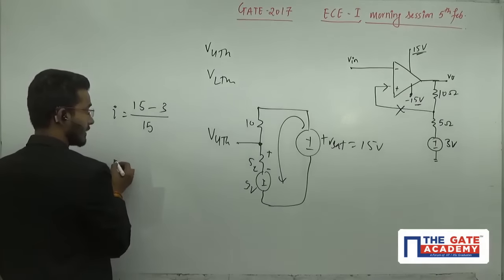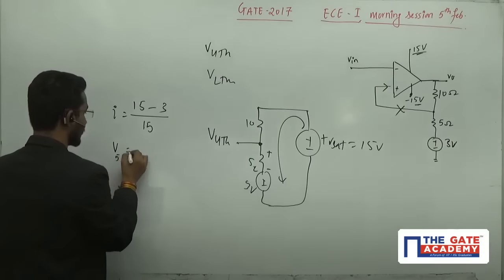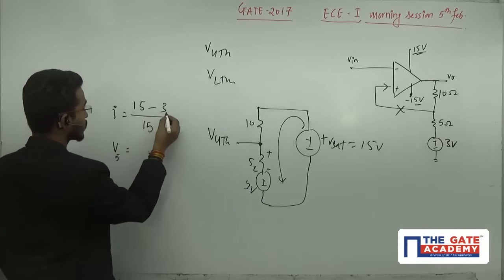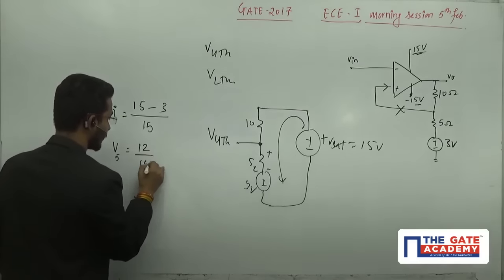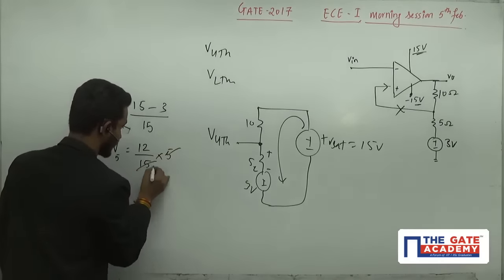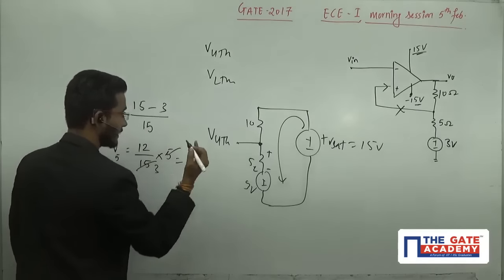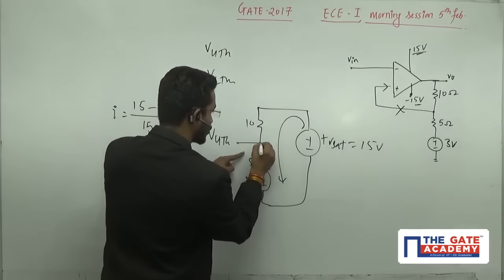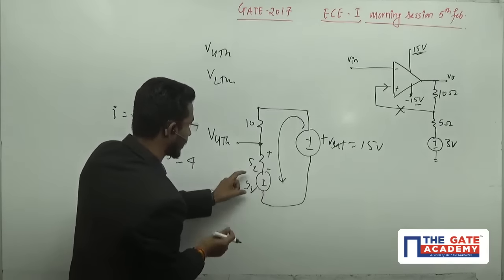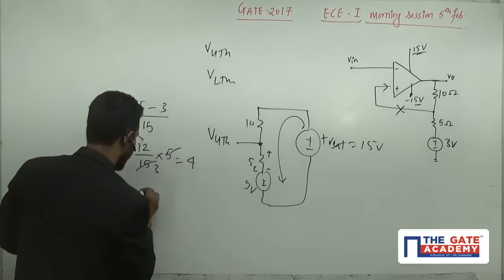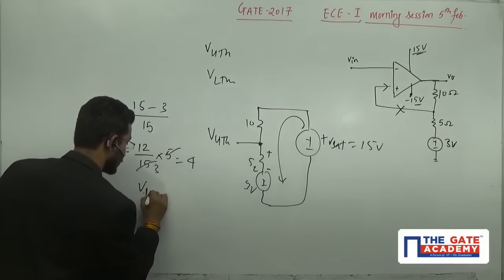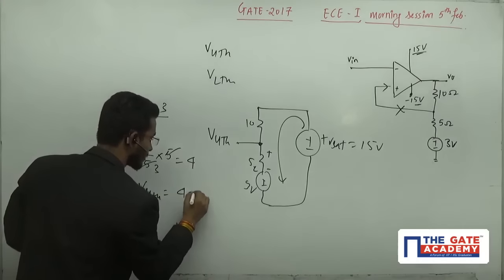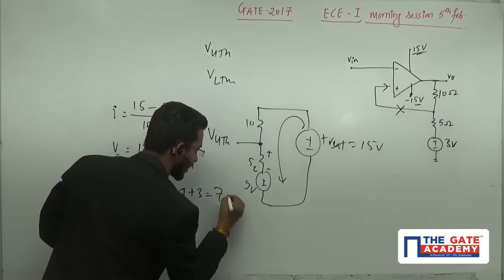The voltage across the 5 ohm is 12 divided by 15 into 5, that means the voltage is 4. If I want to calculate the potential here, this 4 plus this 3, so VUTH should be 4 plus 3. That means the value should be 7 volts.